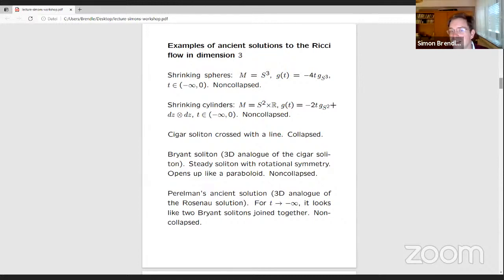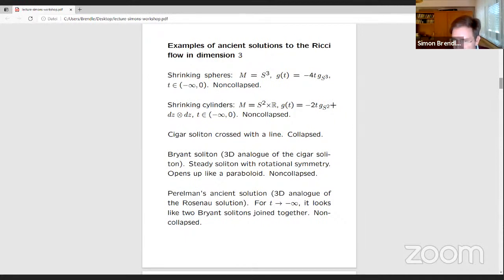This one, the Bryant soliton in 3D, opens up like a paraboloid. So if you go out to distance R, or distance S, then the cross-sectional S2 has radius on the order of the square root of S. So the asymptotic behavior is totally different, which has to do with the fact that S2 has positive curvature, while S1 does not.